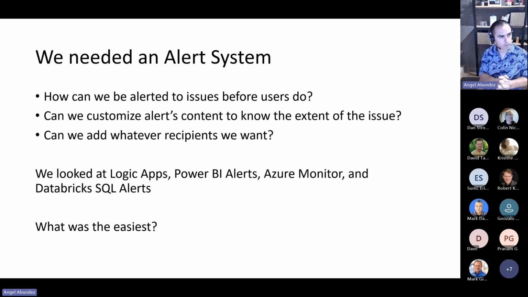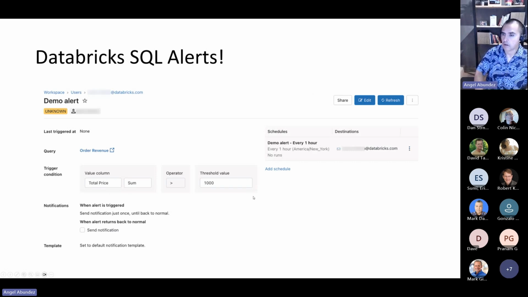QA frameworks are really meant for batch work, like hundreds or maybe millions of checks in a single batch. What we needed is something that, every 20 minutes, checks whether we got the data in the last 20 minutes. So out of all the things we looked at, we ended up on Databricks with SQL alerts. They're very simple objects to stand up in Databricks, tied to a query.